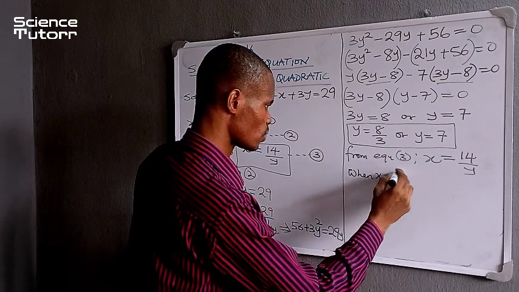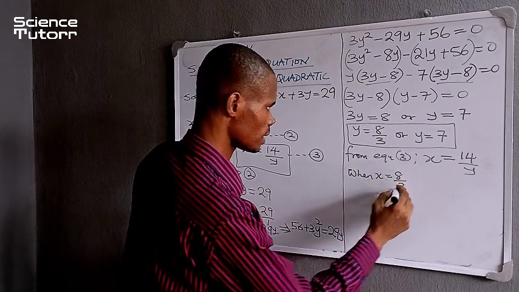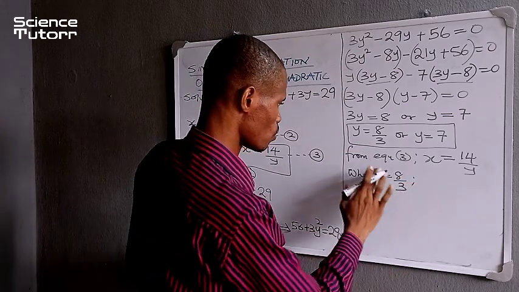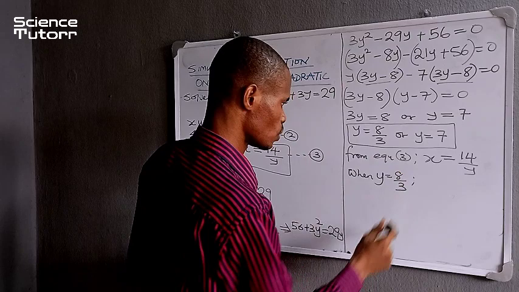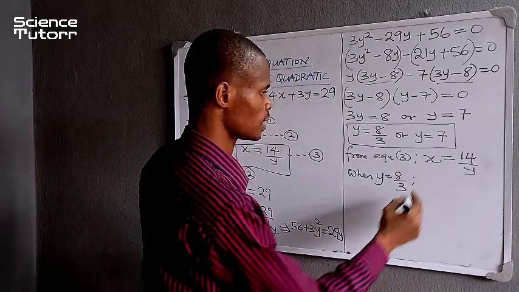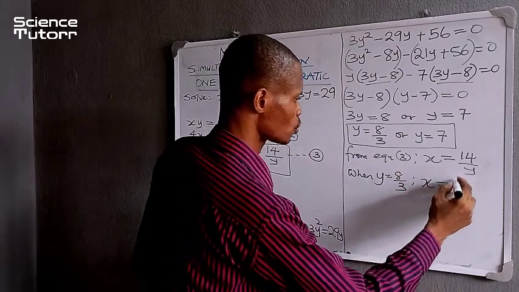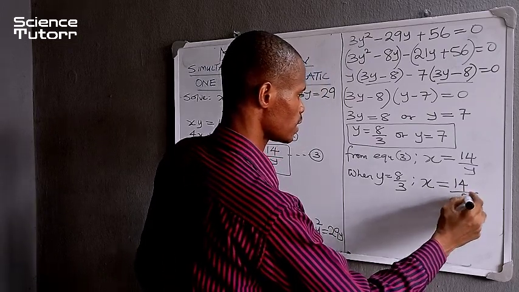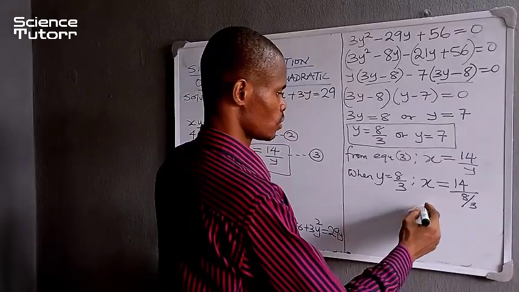When y is equal to 8 over 3, that is in the first case, x will be equal to 14 divided by 8 over 3.